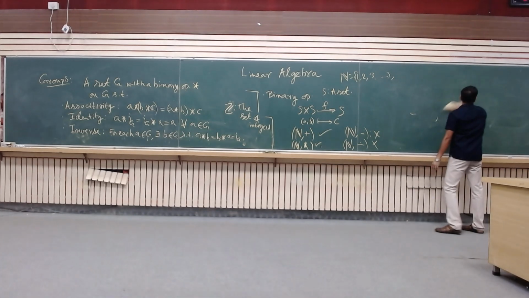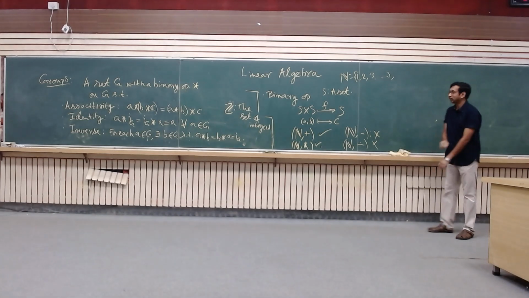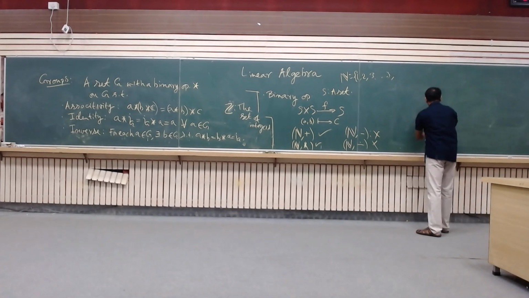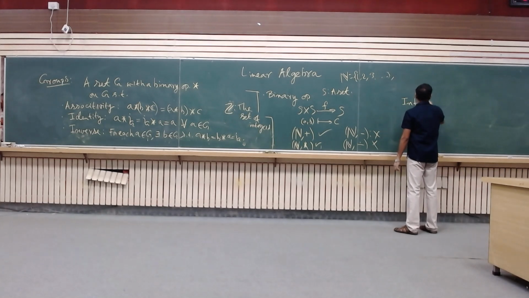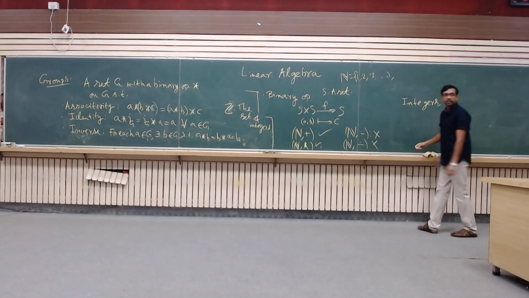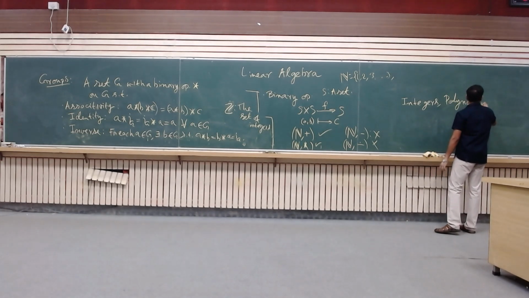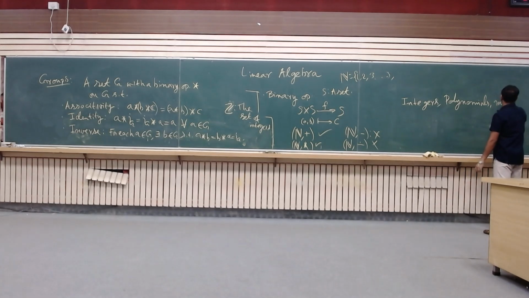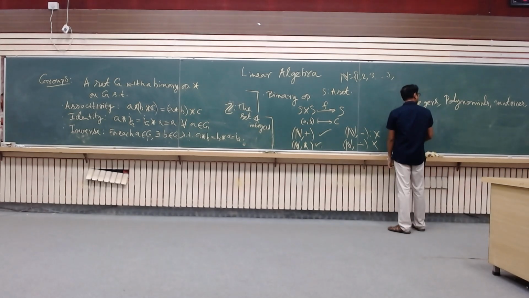Okay, so to respond to Fahim, I'll just write down a few sets here. It's a set of integers, okay, and set of polynomials, matrices, functions, but the range should be specified.